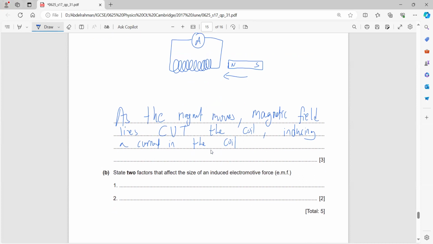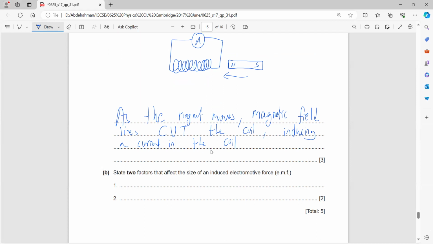Last question, state two factors that affect the size of the electromotive force, the size of this induced current. How can I increase or decrease the induced electromotive force?